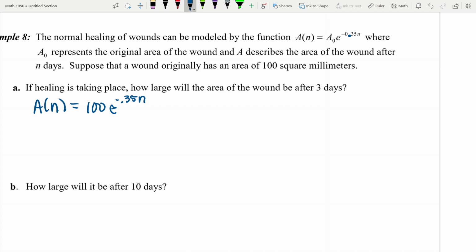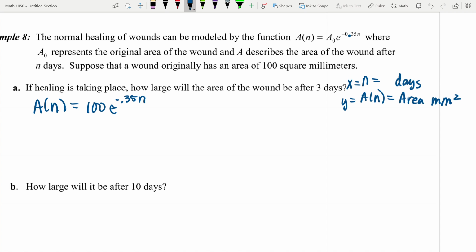How big will it be after 3 days? Well, let's do this. Everybody go n equals, A sub n equals. In front of the A sub n, let's put a y. In front of the n, let's put an x. I know there's no x and there's no y, but your brain thinks in terms of x and y. So A sub n is the area in millimeters squared, and the n stands for the number of days.